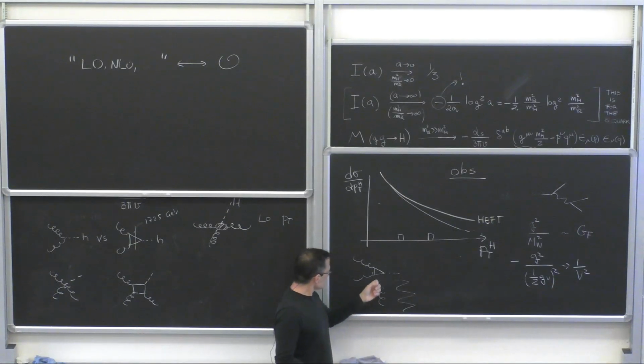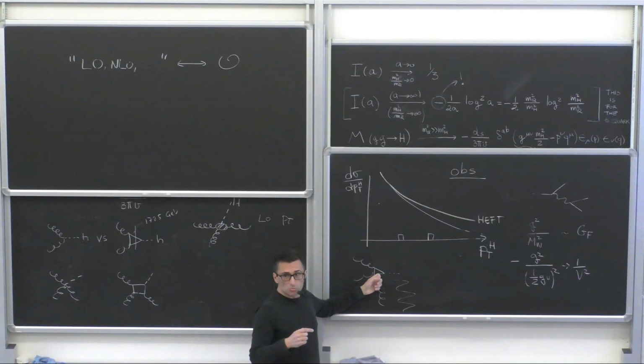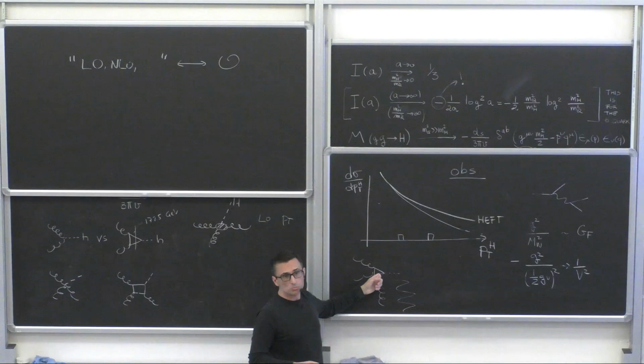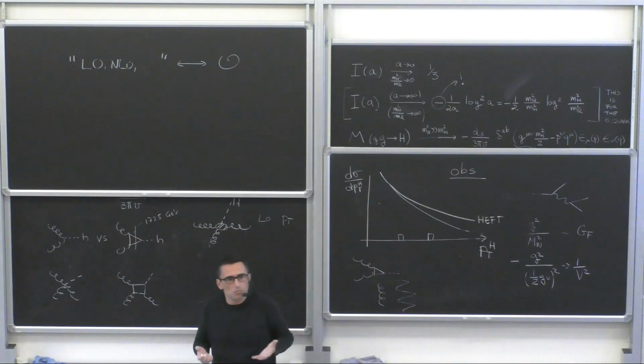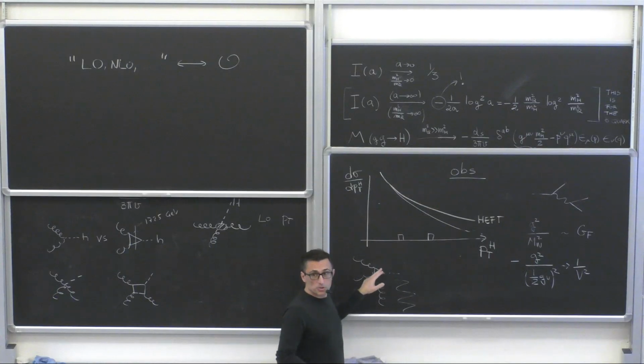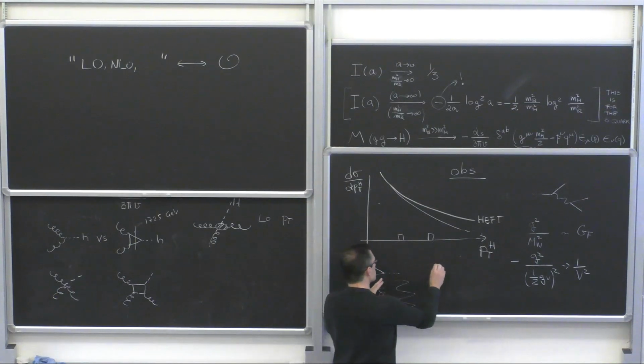So in order to see the loop, you have to have a wavelength of the gluon of the same order of the size of the loop. So what is the size of the loop? It will be something like 1 over mt, because there are propagators of the top. So the size of the loop is something like 1 over mt.